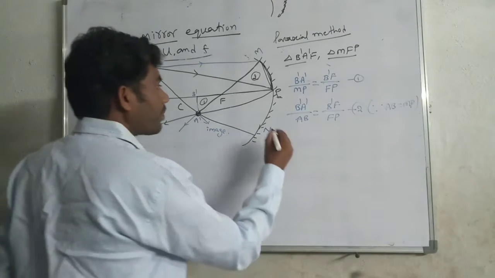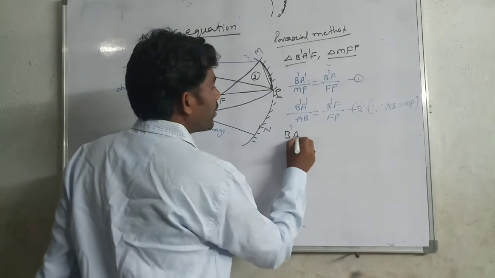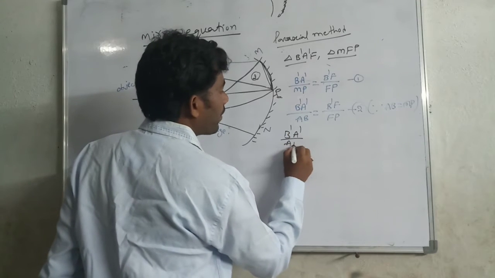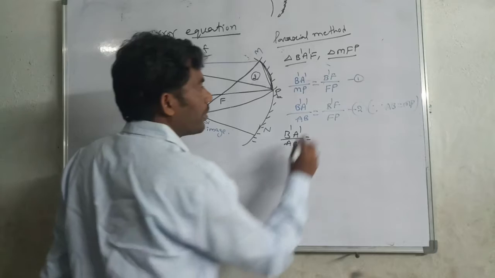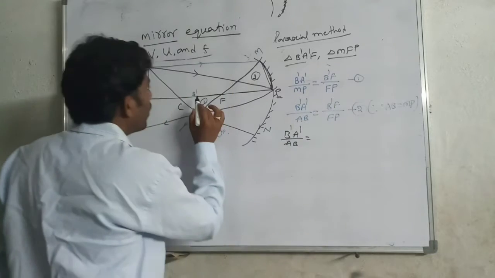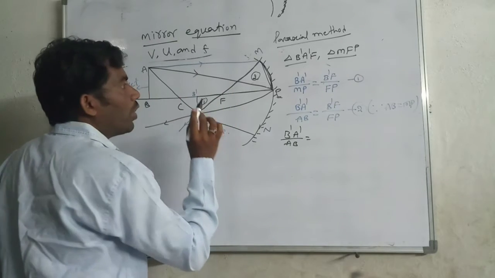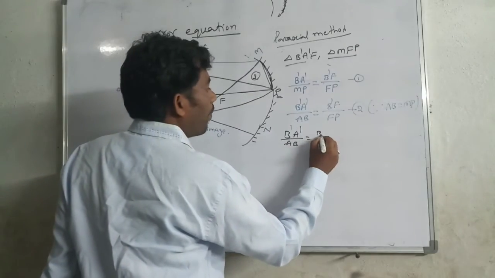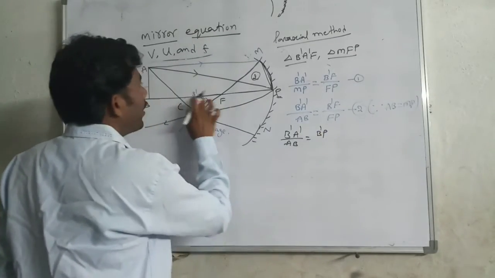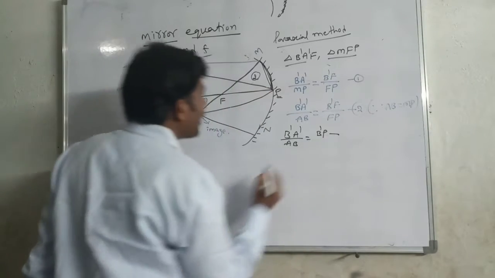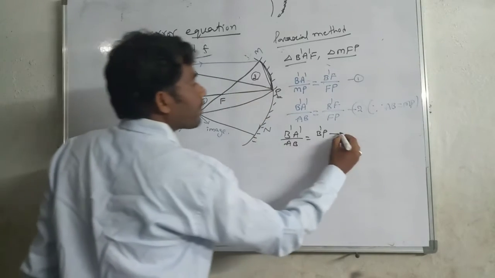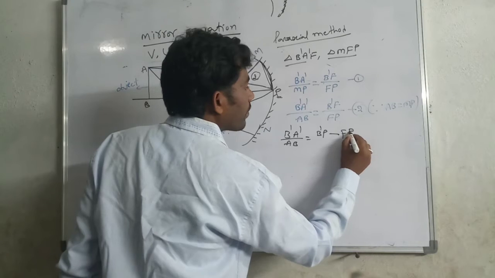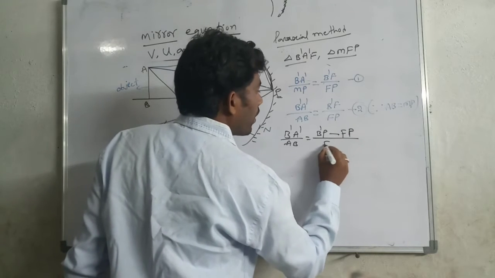Then B dash A dash by AB, and this B dash F we rewrite as B dash P minus FP, by FP.